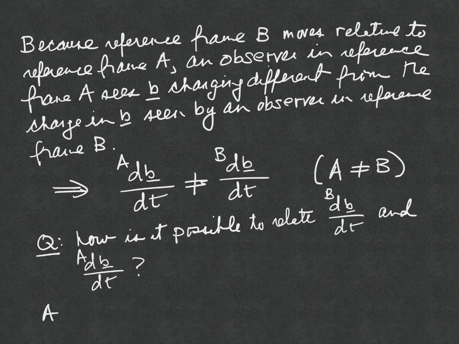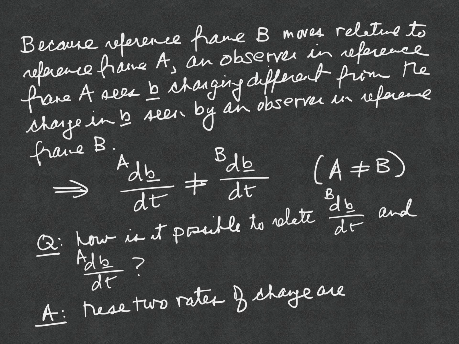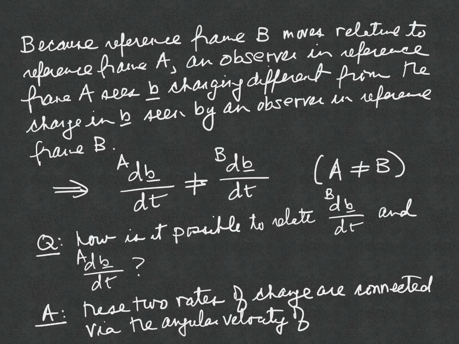So the answer to this is these two rates of change are connected via the angular velocity of B relative to A.